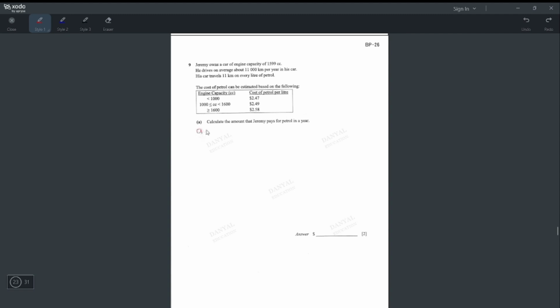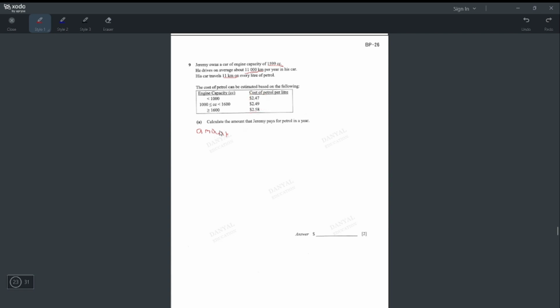If we read the question, we know some information. We know what capacity his engine is, and we know how far he goes and how many kilometers he can go on 1 liter. And we also have a bunch of costs here.